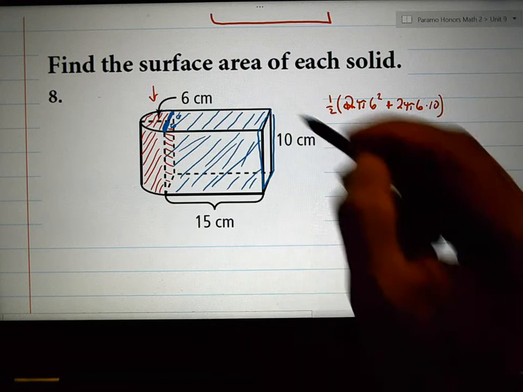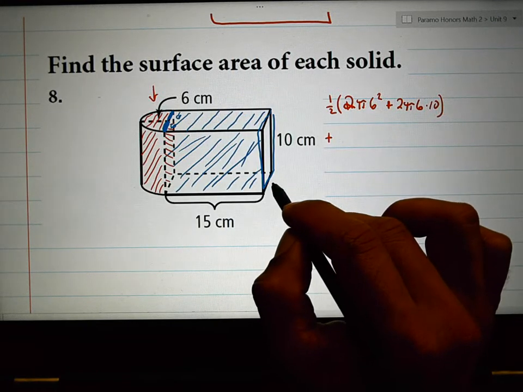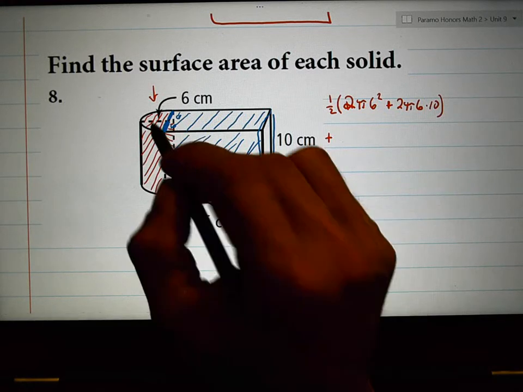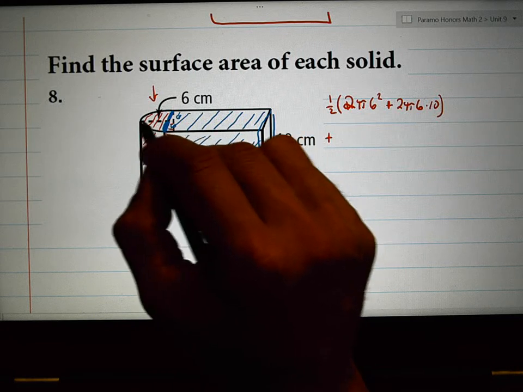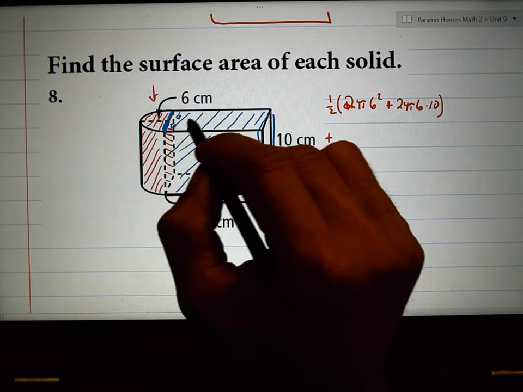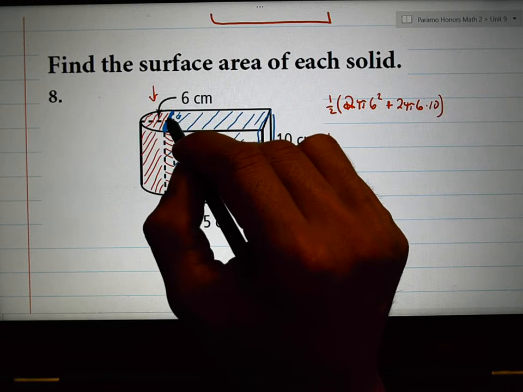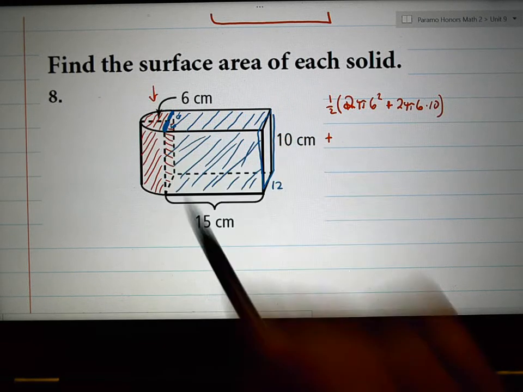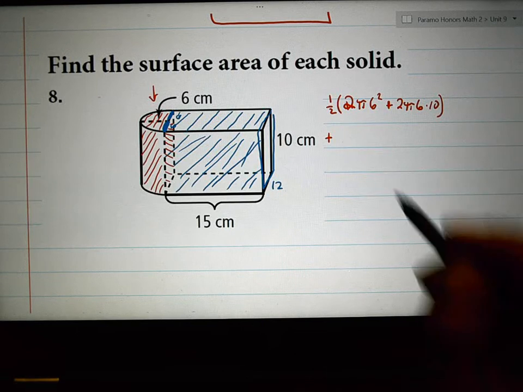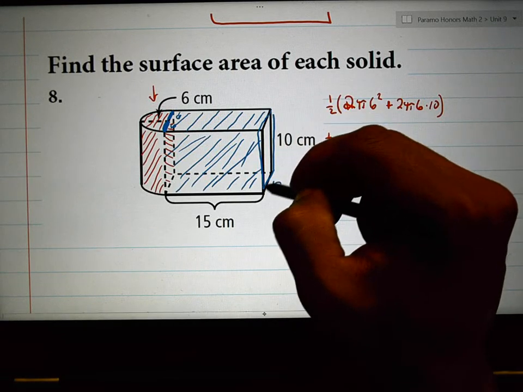Do you know what this distance is that they did not give you? It's 12. That's important for you to be able to figure out. How did I do that? I used the fact that they gave me the radius of that half cylinder, and I used the fact that if you double the radius, you get the diameter. And now I can figure out what the perimeter of this thing is.